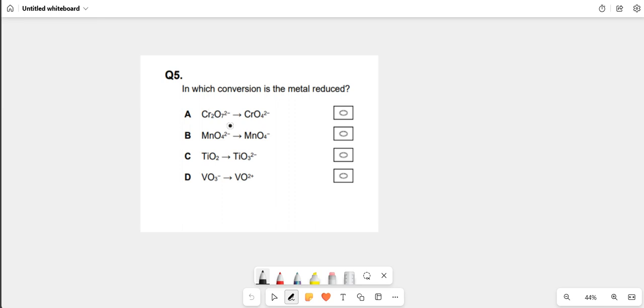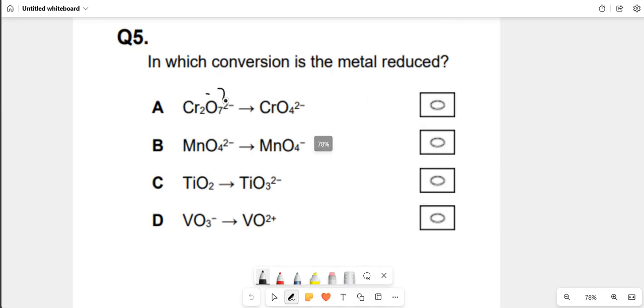So Cr2O7: oxygen is always -2, and that's minus 14, but then I need it to add up to the overall charge, which is negative 2. So therefore, Cr has to be 6, because 6 times 2 would be 12, and 12 minus 14 would be minus 2.